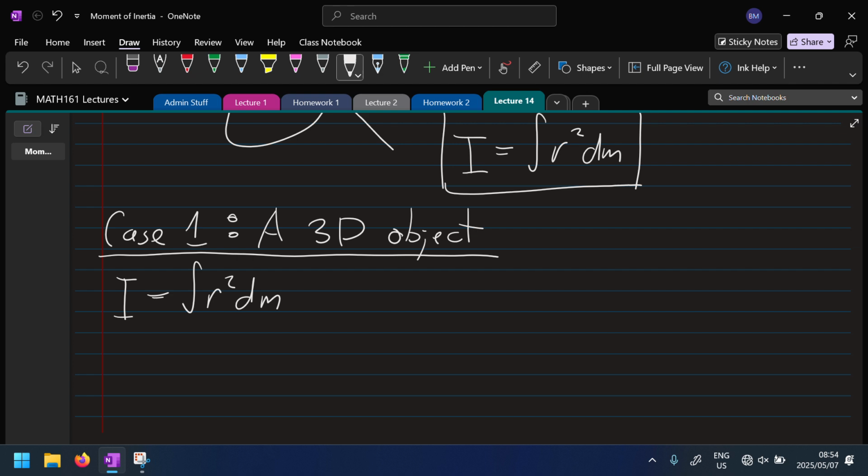Now, what we're going to do is instead of integrating over dm, we want to integrate over x or over y or over z. We know how to do that. Integrating over dm, we don't know how to do that. So the idea is to change the integration not over the mass, but over x, y, or z, to integrate over the solid.